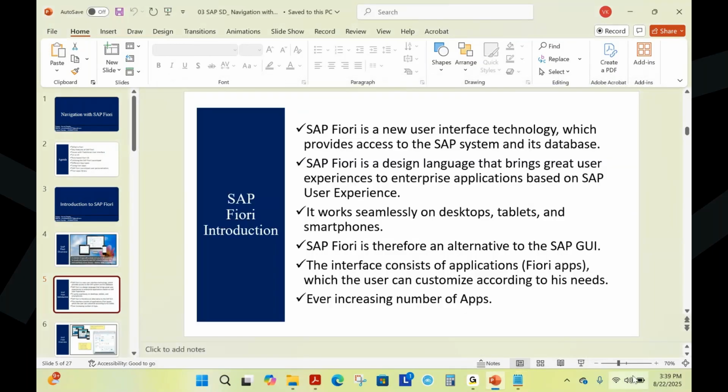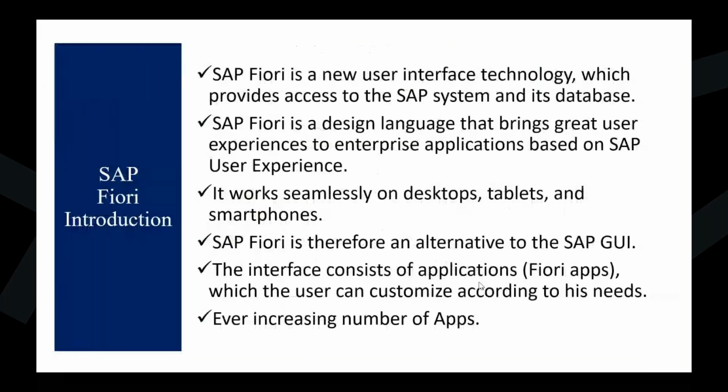Now, SAP Fiori is a design language that brings great user experience to enterprise applications based on SAP user experience. So basically, they have changed the way the navigation happens, and it looks very simple, very easy to use, which we will discuss. It works seamlessly on desktops, tablets, and smartphones. That's what I just explained.